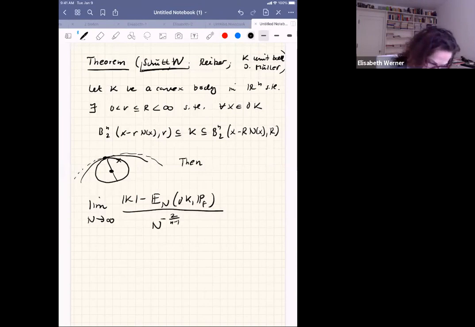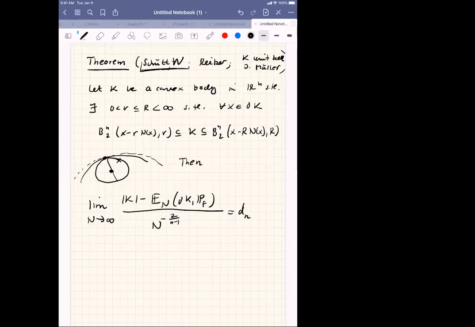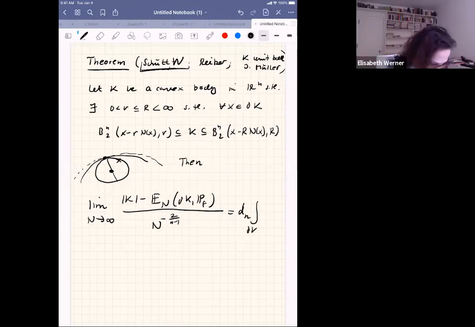This limit, one can show, exists and is equal to some constant that depends only on the dimension, I'll call it dn, times the integral over the boundary of K of the Gauss curvature, or generalized Gauss curvature, raised to the power n minus 1.